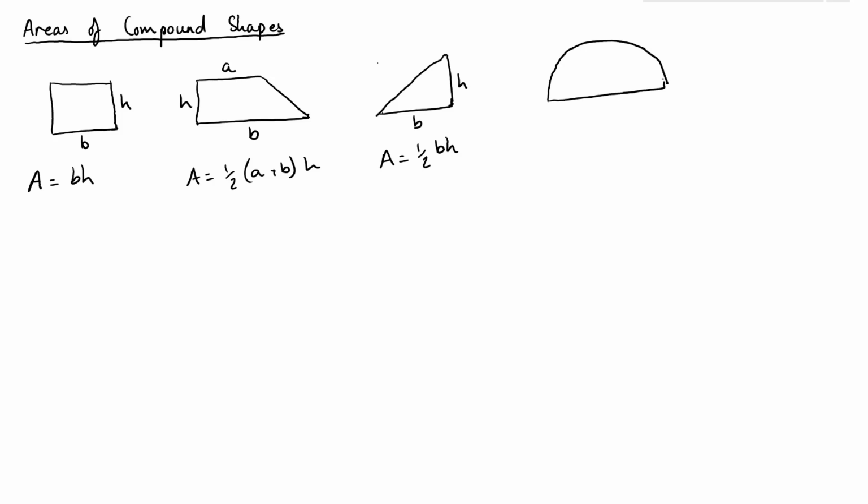Let's say this is a hemisphere with a radius, which we're going to call r. So this distance from the very center of the hemisphere to one of the edges is r. And the area of a hemisphere is going to be the area of a circle, which would be pi r squared, divided by 2, because we've just taken the whole circle and cut it down the middle, and now we've just got half of this circle.